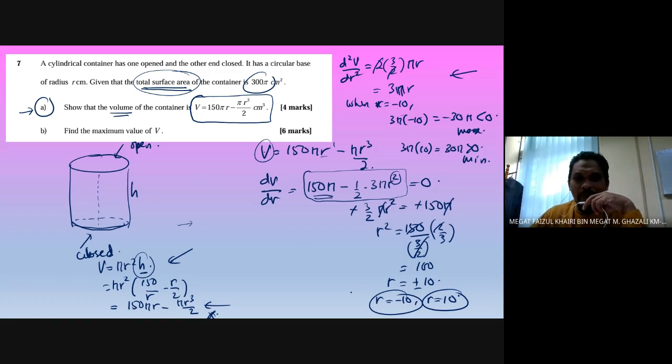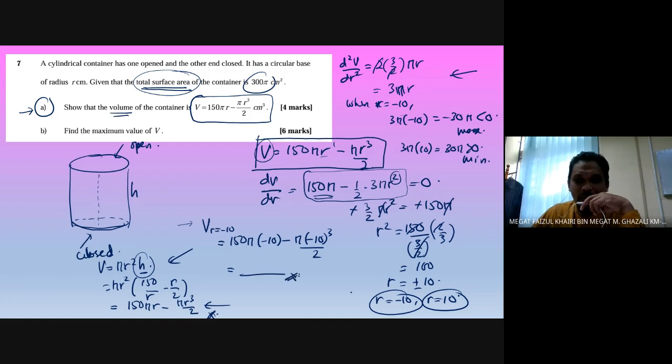So then the volume, okay, look at this. The volume is the one here. So then V when r equal to negative 10 equal to 150 pi times negative 10 minus pi times negative 10 cubed divided by 2.